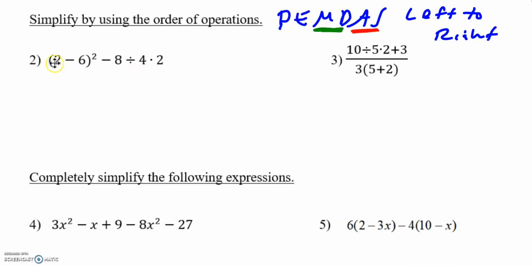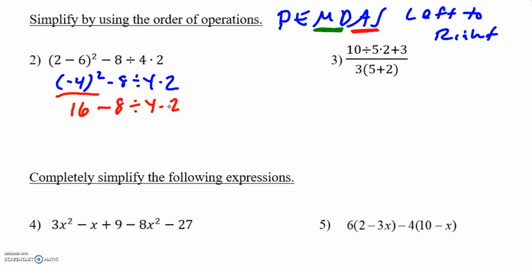So for number 2, for example, I noticed that we can simplify inside parentheses first. So we'd have -4 squared, and I'm just again going to recopy everything that I see. The next thing I notice is we do have an exponent. So let's simplify this piece. -4 squared is a -4 times negative, so it'll be a positive 16 minus 8 divided by 4 times 2.